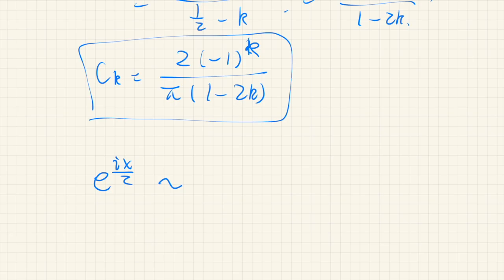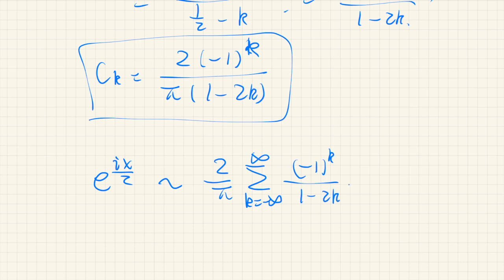as this: 2 over pi and sum over k from negative infinity to positive infinity, negative 1 to the power of k over 1 minus 2k, and exponential of ikx.